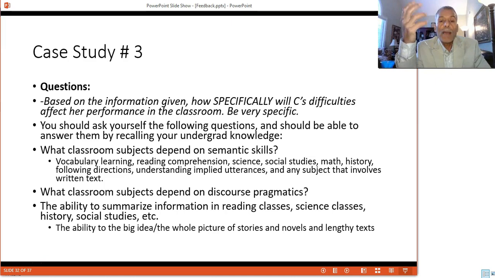So the ability to produce narratives or to comprehend narratives is very much dependent on how organized that narrative is. And it's going to affect all subject matters. So being able to get the big idea or the whole picture of a story or a lengthy text like a novel or short story, all of these are parts of discourse pragmatics.